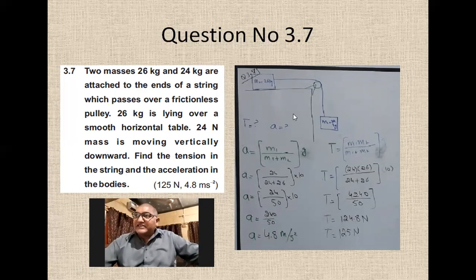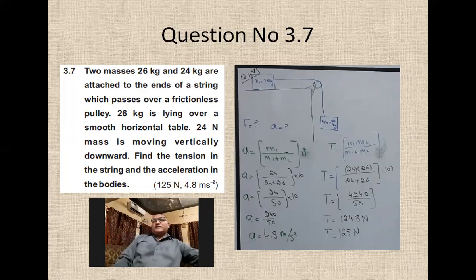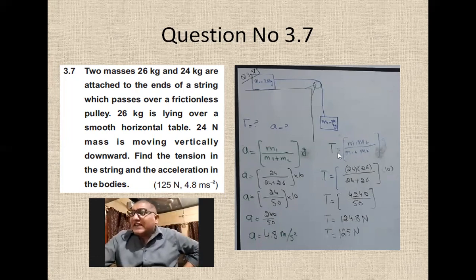Okay, so this is an article in your chapter of dynamics. You need to remember the formula of the tension and the acceleration. The tension here will be M1 M2 divided by M1 plus M2 into g, and the acceleration formula is M1 divided by M1 plus M2 into g.